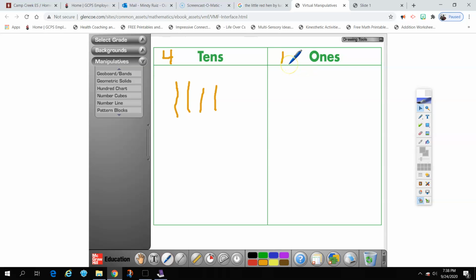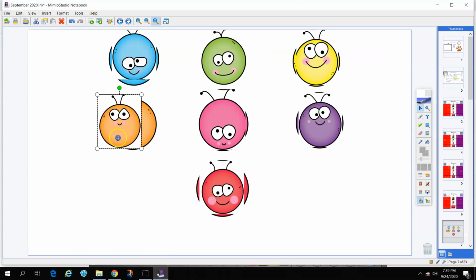Now, how many ones do I need? 1. So I need to draw 1, 1. And remember, the ones are squares. Now, I've just drawn the number 41. All right, look up here. Does your board look like mine? I hope so. All right, let's see what number we're going to do next.